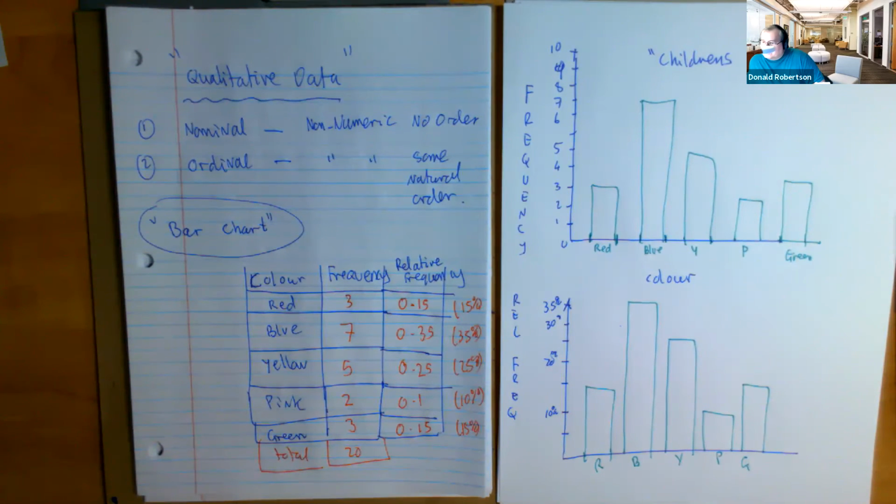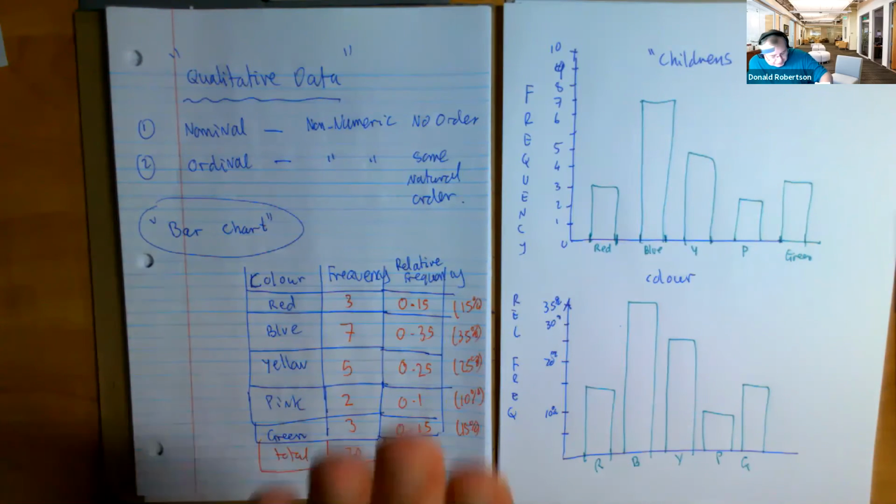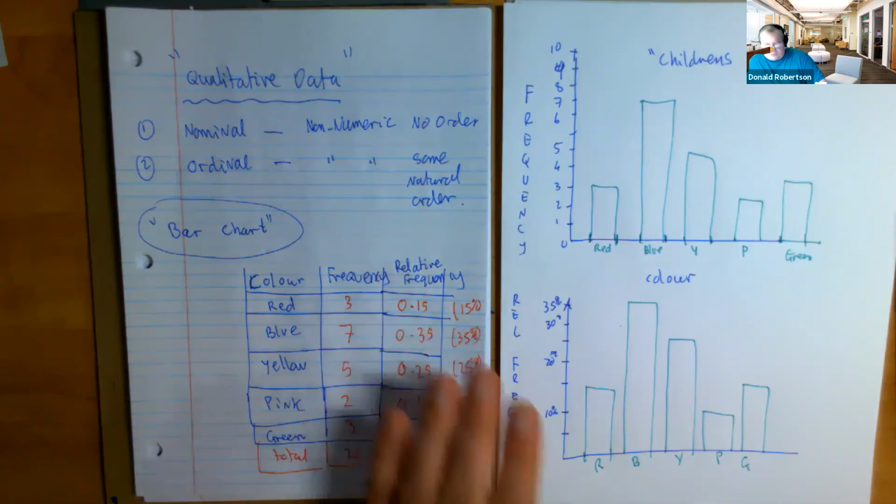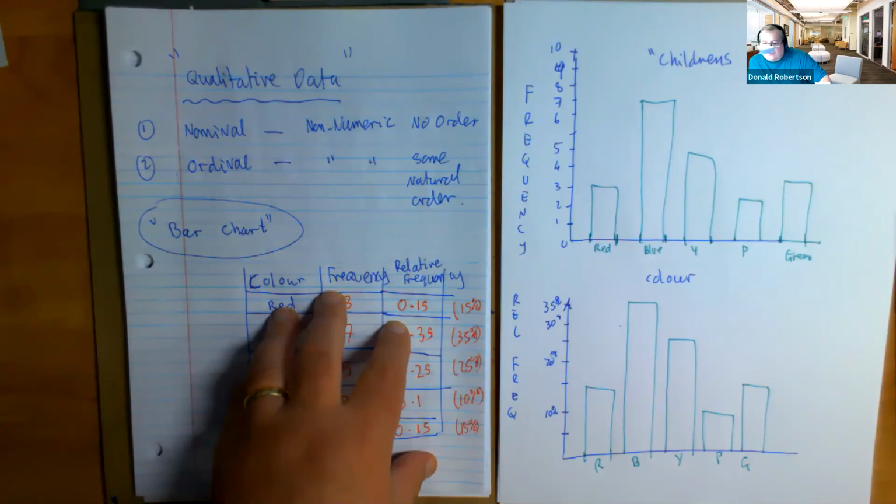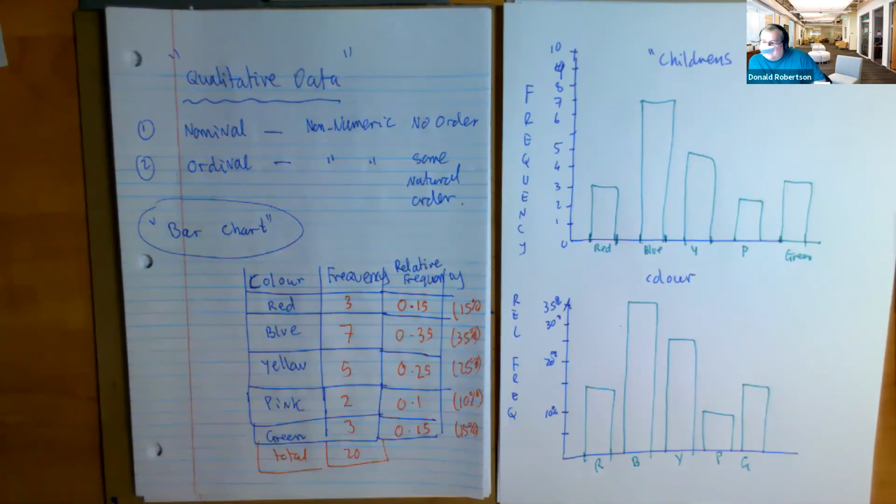That makes sense? Right. Now I'm trying to think of why anybody would want to do this. So here's a made up reason. Can you imagine you were making toys for children and you wanted to know what kind of colors it would be best to make your toys so that the children would buy them, right? They would want them. Wouldn't you probably want to choose colors that children like?